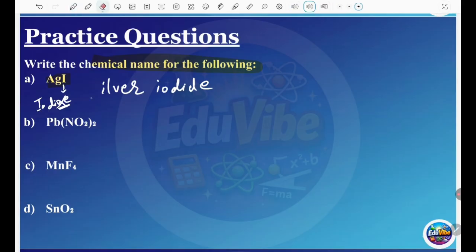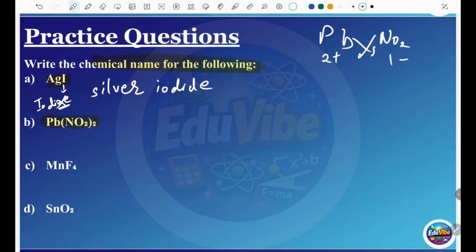The more important thing is that the first letter of every name should be small. Next we have Pb(NO2)2. Pb has a 2 positive charge here, and NO2 is 1 negative.